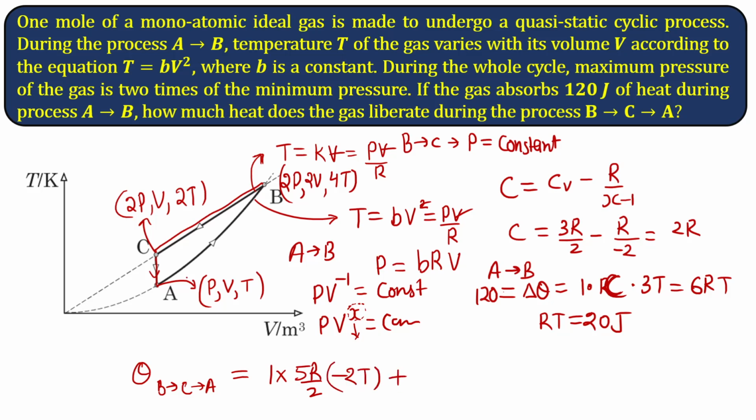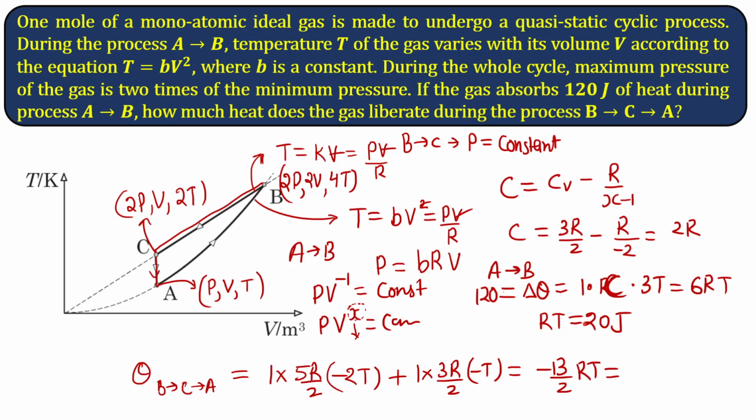And plus from C to A, that is an isochoric process. For that, NCV, that is 3R by 2 into delta T. Delta T is T minus 2T, that is minus T, right? If we just add these two together, we'll be getting minus of 10 by 2 plus 3 by 2, that is minus 13 by 2 RT, right?